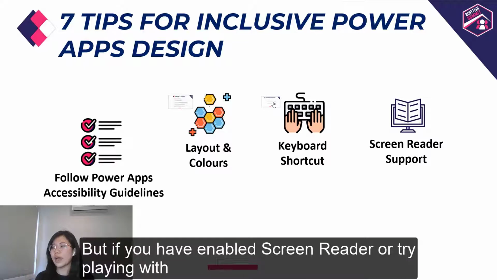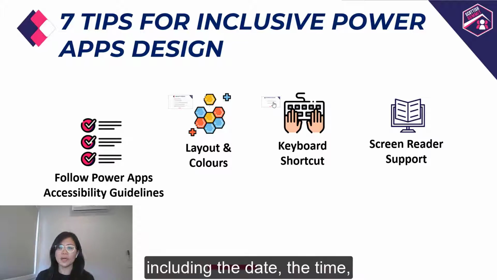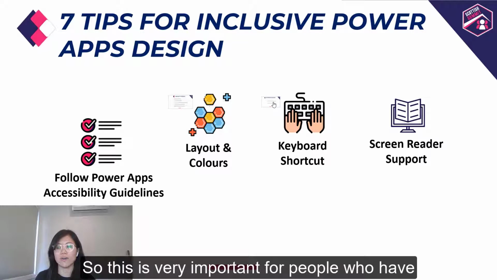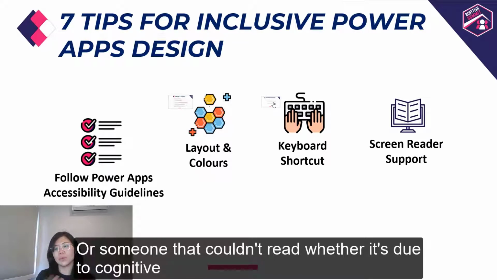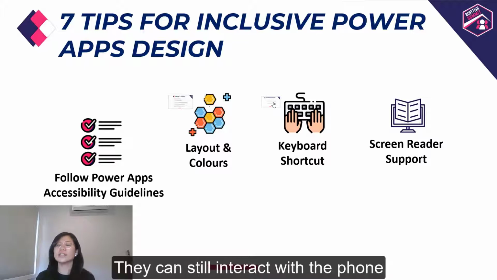But if you have enabled a screen reader or tried playing with one on the phone, you will notice that it reads every element on the phone, including the date, the time, everything you click on, and interacts with the user. So this is very important for people who have visual impairment, or someone that can't read, whether it's due to cognitive disability or language barrier. They can still interact with the phone.